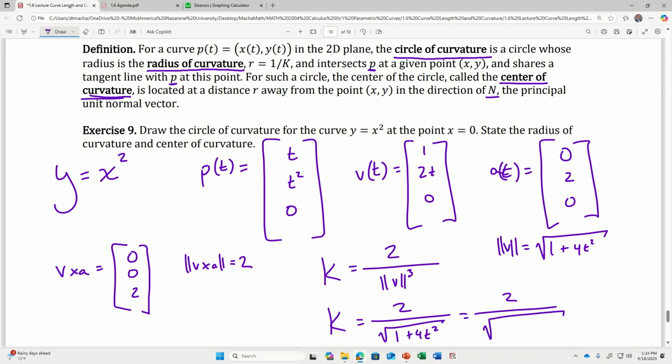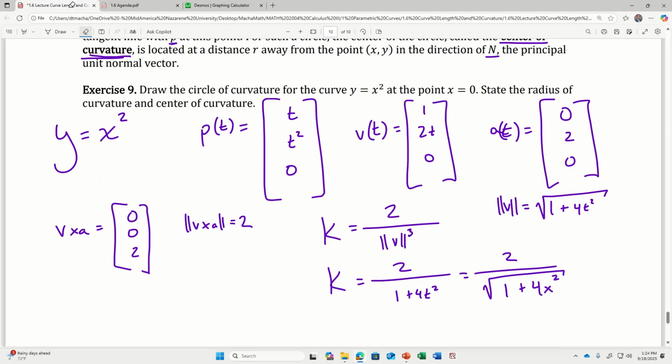And so I could also write the curvature as 2 divided by the square root of 1 plus 4x squared. And when I set x equal to 0, the velocity norm isn't cubed. Oh, you're right. Thank you. I got to cube that in the denominator. So I'll write the 3/2 power. So it's cubed and square rooted.